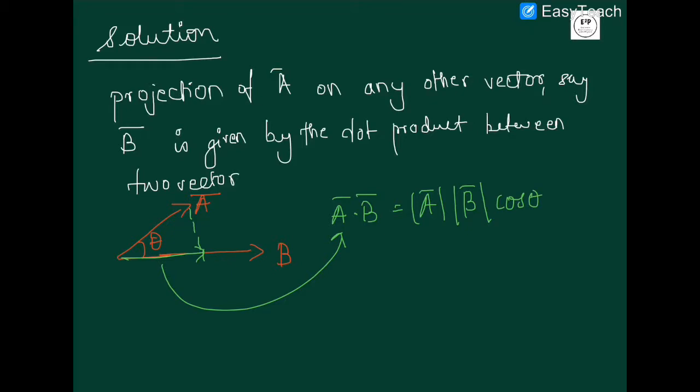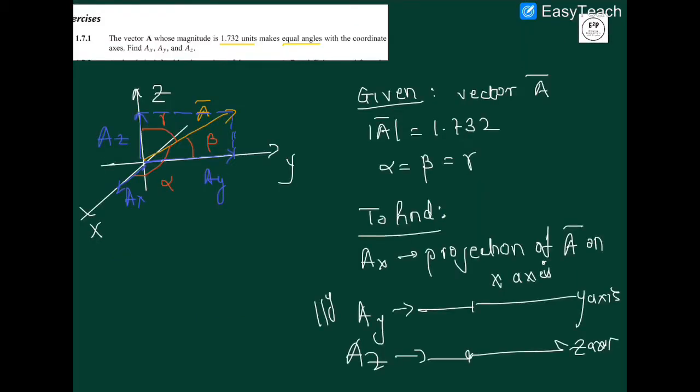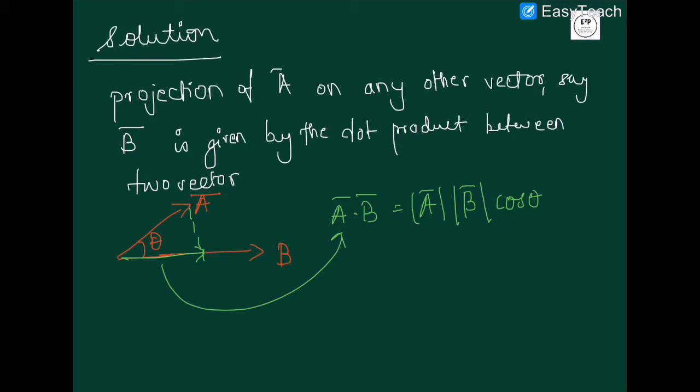Now when we come to this particular question, the angle between A and the x-axis is alpha. So we can define AX as the A vector dotted with the unit vector along the x-axis.